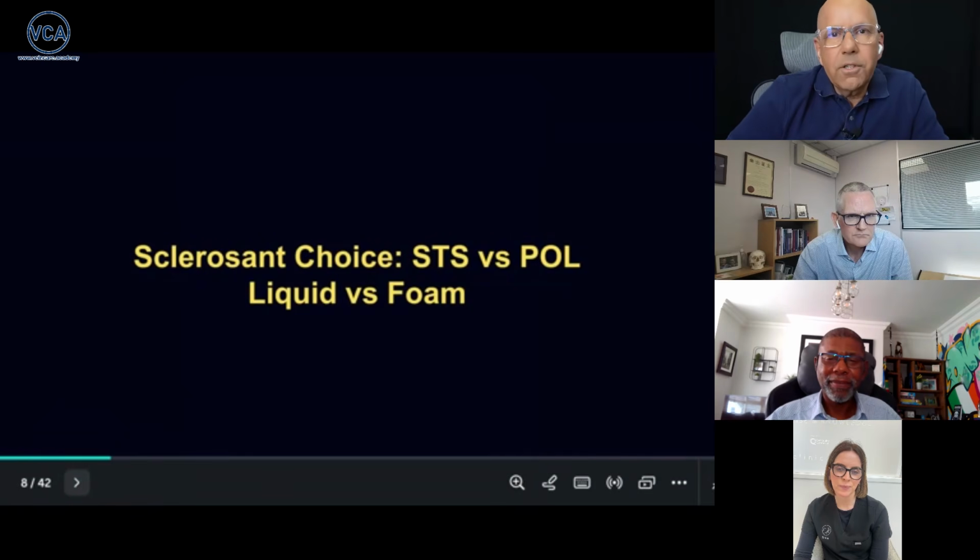What sclerosant do you use, Emma? So we only use liquid in clinic. We are very much of the opinion that if we need to start considering foam, those patients are possibly needing to go up the referral pathway. And that's probably a good indication for us where we would want to be scanning those patients.